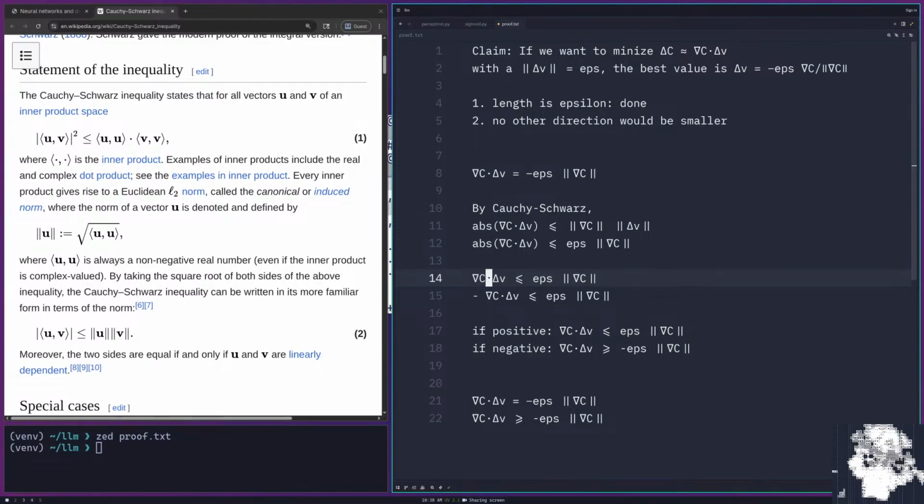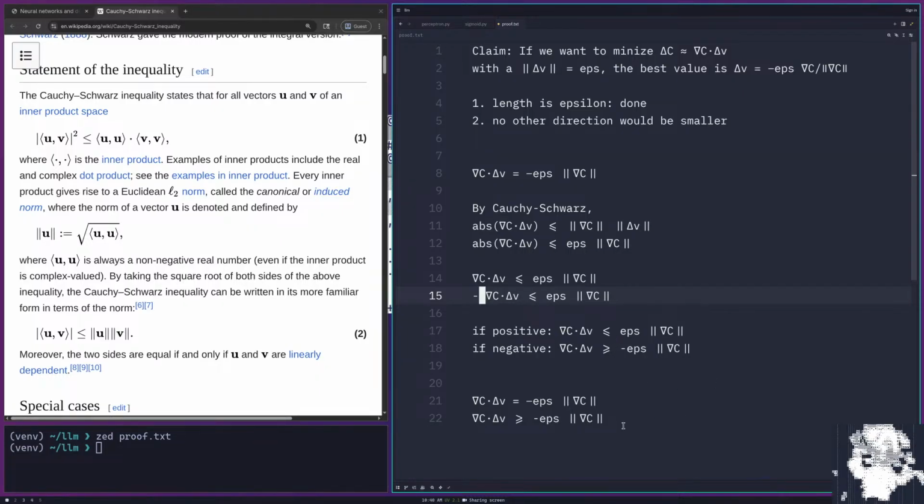Do you have to flip the direction of it? I think you do.